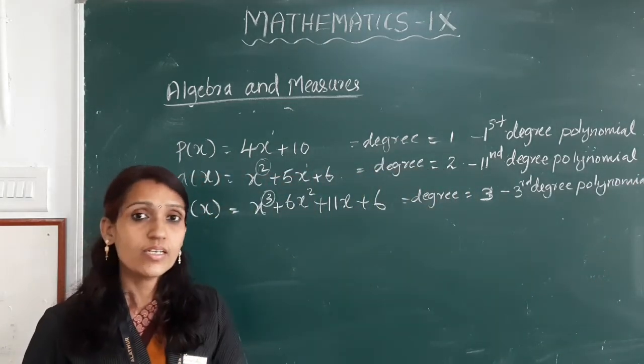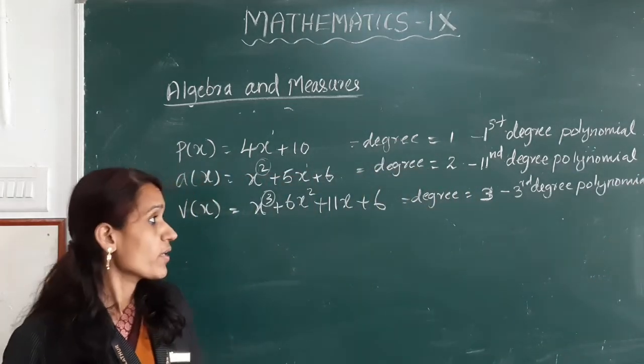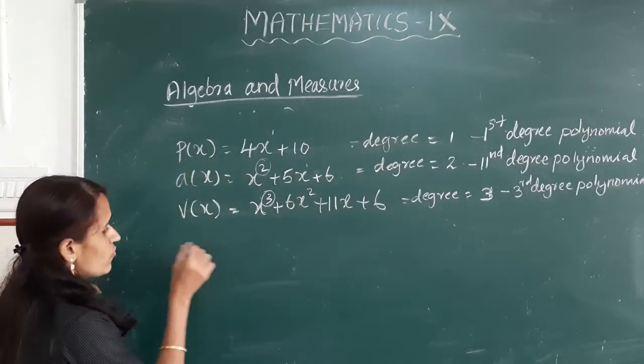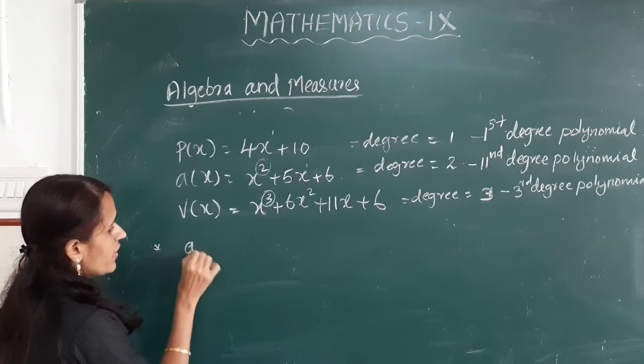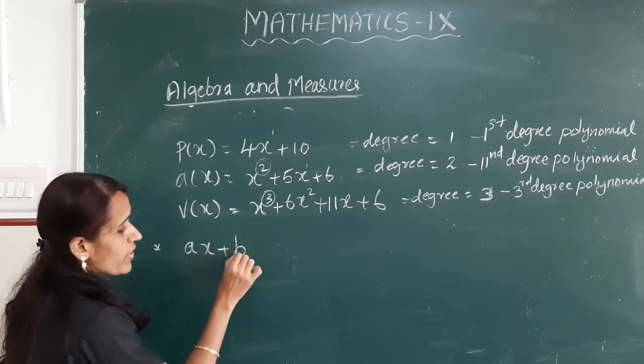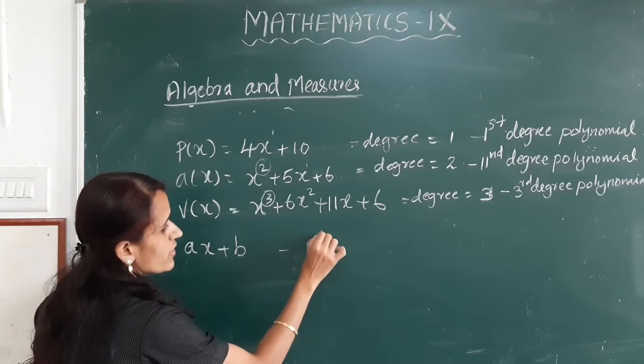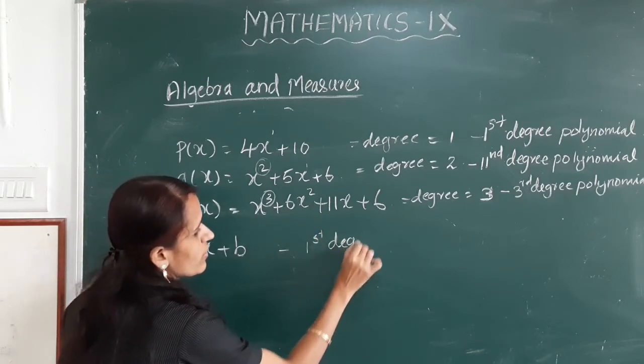Okay, the general form of the polynomial based on their degrees are, first one, ax plus b, that is first degree polynomial.